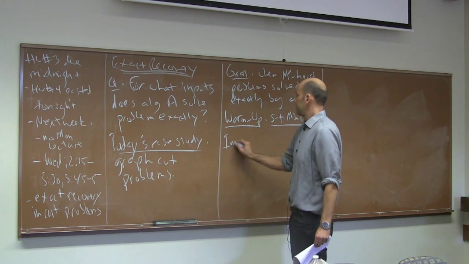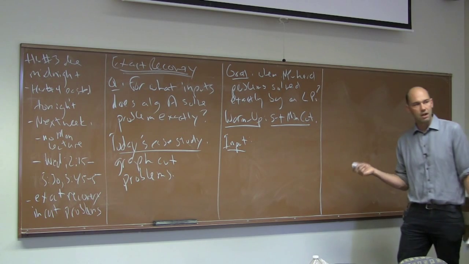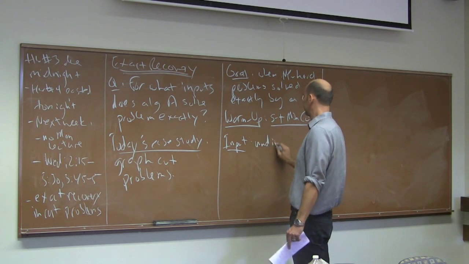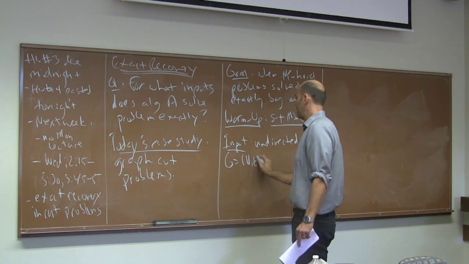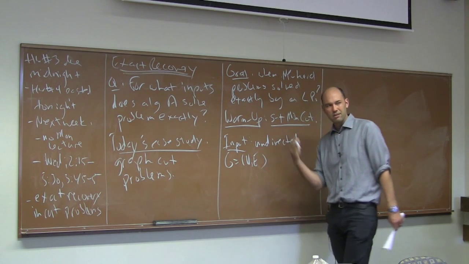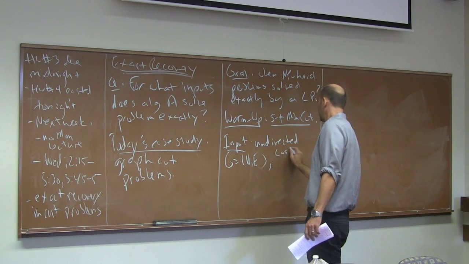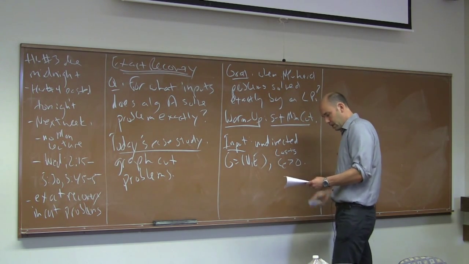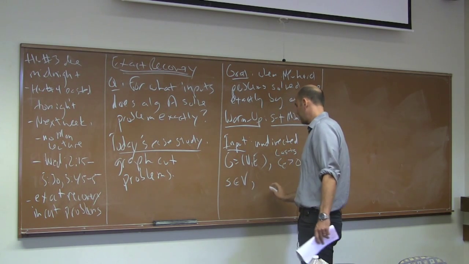For those of you that haven't seen ST min cut or need a reminder, the input here is an undirected graph with costs on the edges. Sometimes they're called capacities in this context, I'm going to go with costs. So positive costs on the edges, and there's a source vertex and a sink vertex.